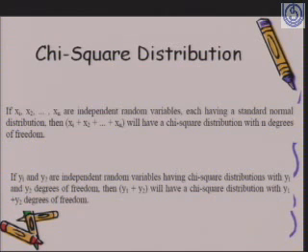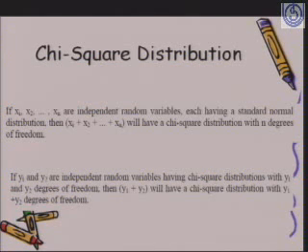If x1, x2, xn are independent random variables, each having a standard normal distribution, then the sum of their squares, x1 plus x2 up to xn, will have a chi-square distribution with n degrees of freedom. If y1 and y2 are independent random variables having chi-square distribution with n1 and n2 degrees of freedom, then y1 plus y2 will have a chi-square distribution with n1 plus n2 degrees of freedom.